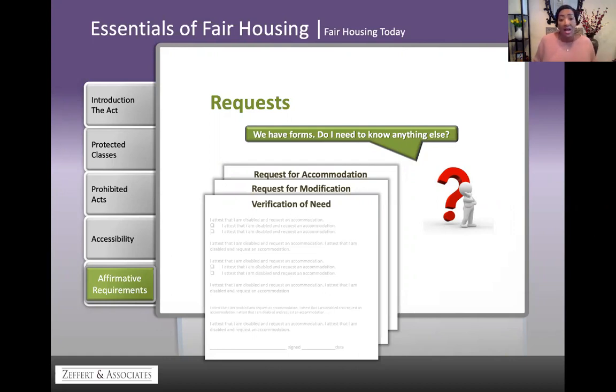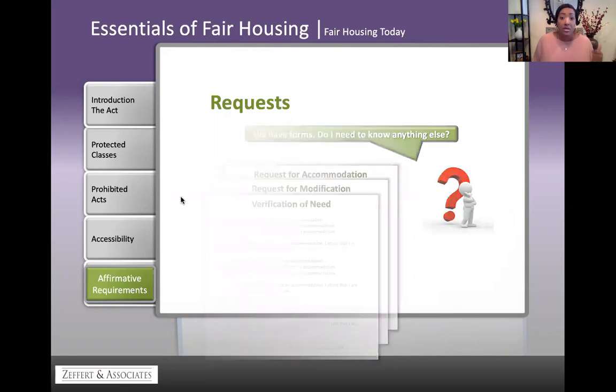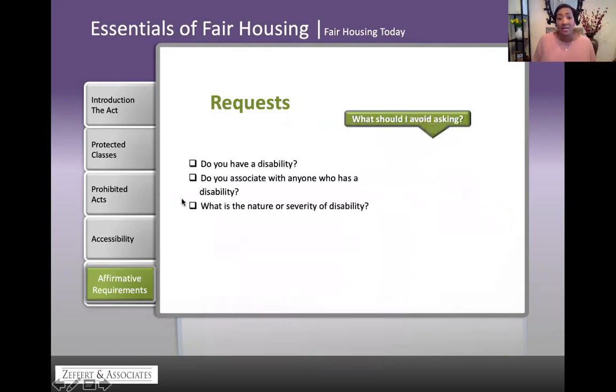That's when it's not obvious, because not all disabilities are visible. You can't always see them, and you can't ask them what's wrong with them. You're not allowed to do that. So that's why forms do aid in compliance. They aid you with getting the information you need, and they aid you with consistency and documentation. It covers your butt.